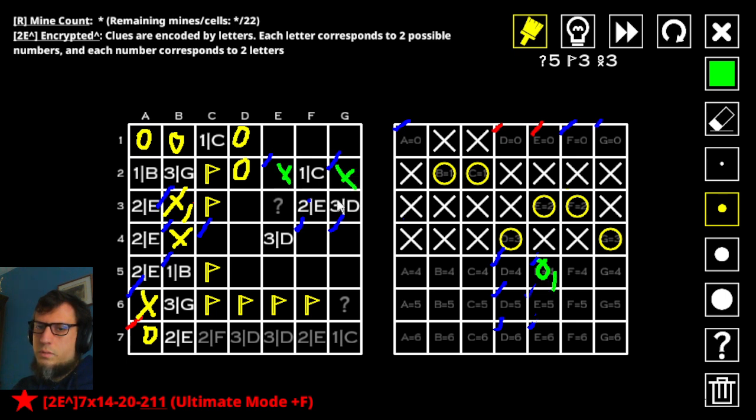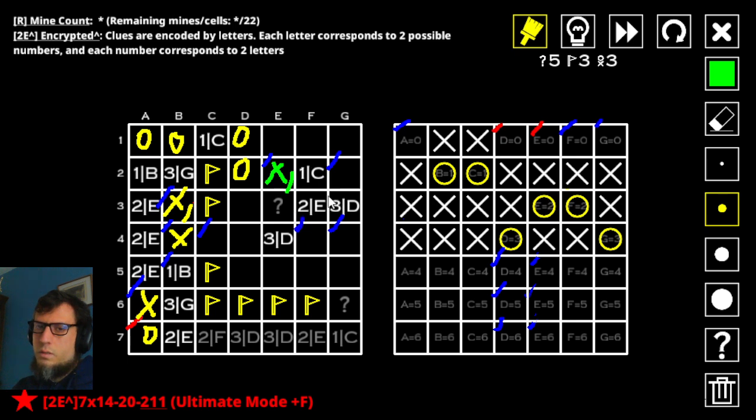And this happens, and that D is a 3. Wait, no. Hold on. If we assume this is a mine, then at least one of these is a mine, because E cannot be 1.